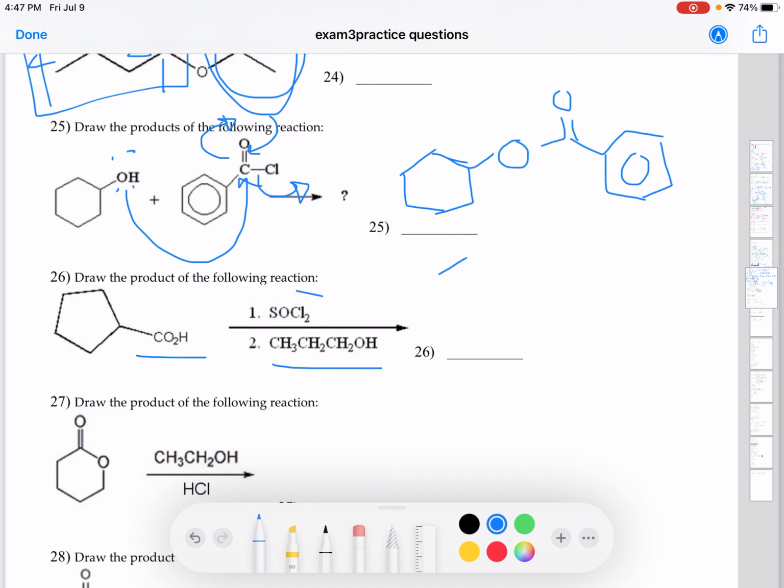First step is that you get COCl, and then you react that with alcohol.